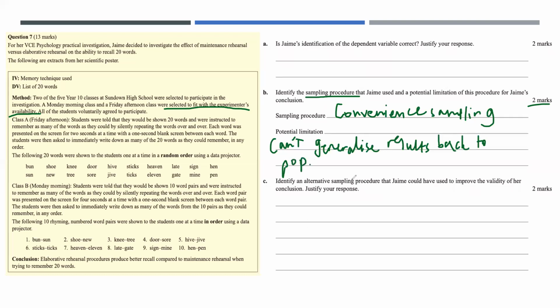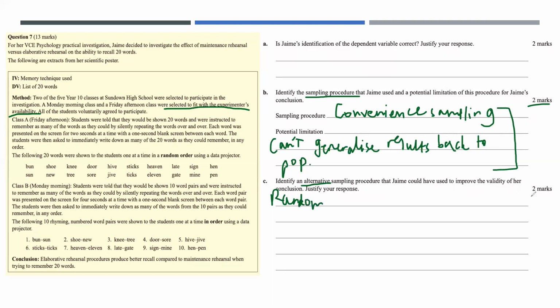Part C of this question is: identify an alternative sampling procedure that Jane could have used to improve the validity of her conclusion, and justify your response. We've talked about the sampling procedure she did use. Now you've got to identify another alternative. What alternative sampling procedure would be best? Random sampling. So you just write random sampling and that gives you the 1 mark already.